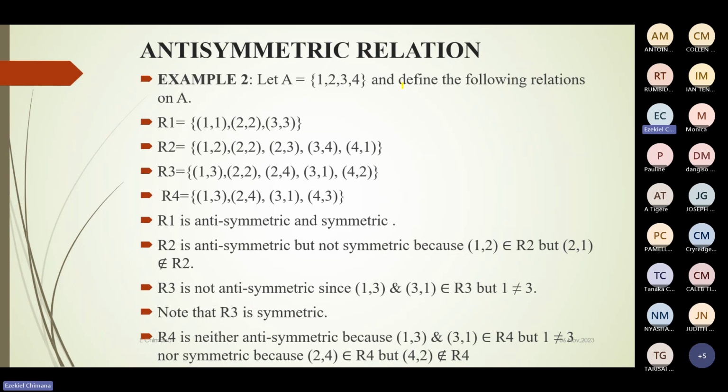Let A be equal to {1, 2, 3, 4}, and define the following relations on A. R1 is equal to {(1, 1), (2, 2), (3, 3)}. Is R1 an antisymmetric relation? Yes. Why? Whenever we have (a, b) and (b, a) in our relation, those values are equal.